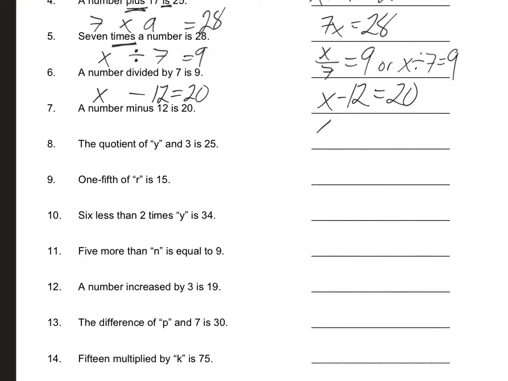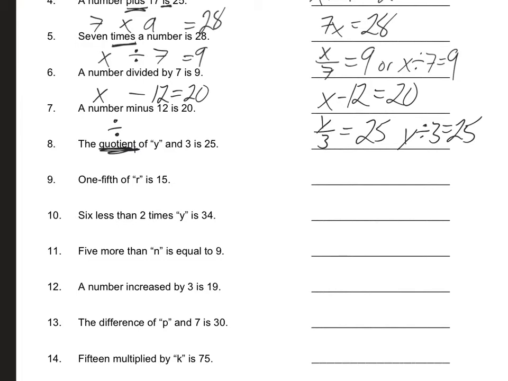Okay, so you should have gotten y divided by 3 equals 25, or y over 3 equals 25, so I'm going to go ahead and write it both ways. If you got that, you're good. If not, let's talk about it. Quotient means we are dividing. Quotient of y and 3.